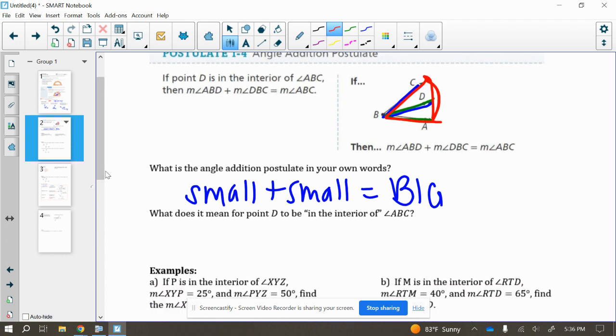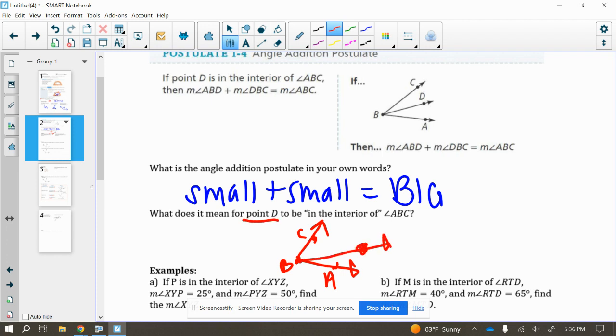Now, when we talk about a point being on the interior, kind of like we talked about points between in the previous lesson, that means that it's going to be on the inside. So if we have angle ABC, like we have up above, point D being on the interior just means it is on a ray somewhere inside of that. So when we draw our pictures, we can see that.